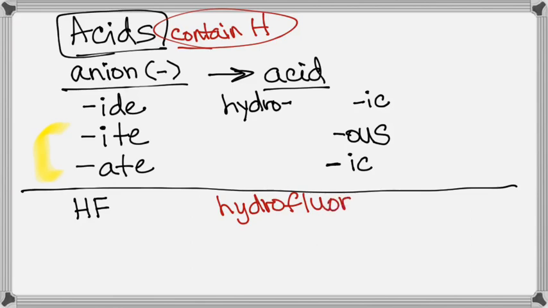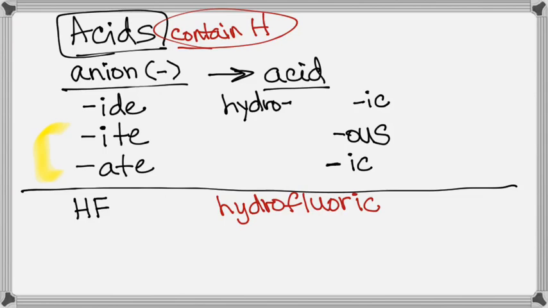Instead of "ide," we put our "ic" ending on there: hydrofluoric acid. And you'll have to do some playing with some of these because sometimes they don't drop some letters in the middle, and in this case they do drop some letters. Hopefully, just through living, you have heard several acid names, so go with what you think also sounds good.